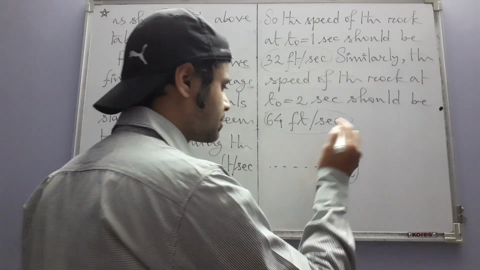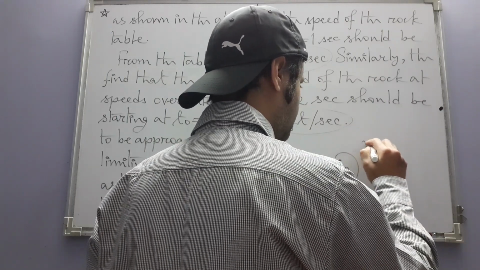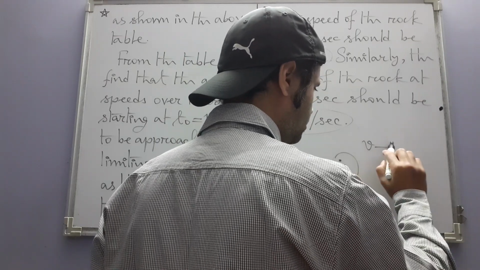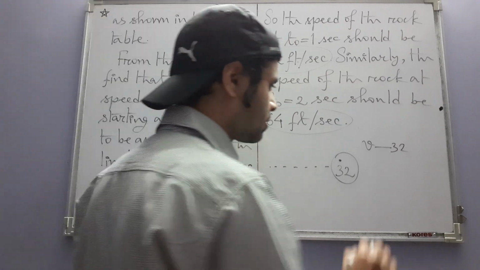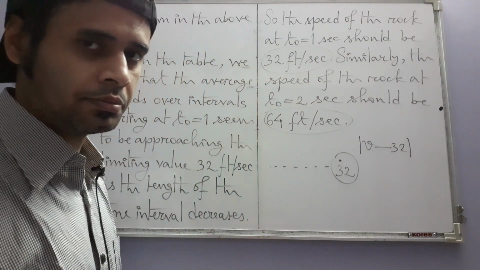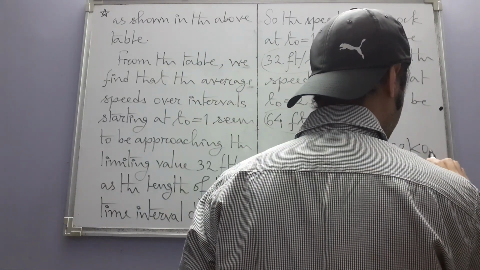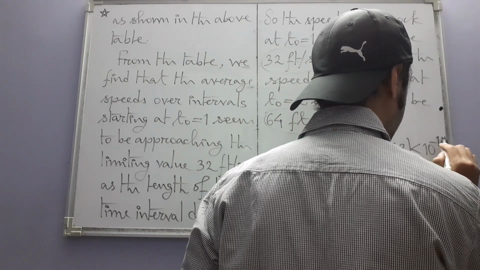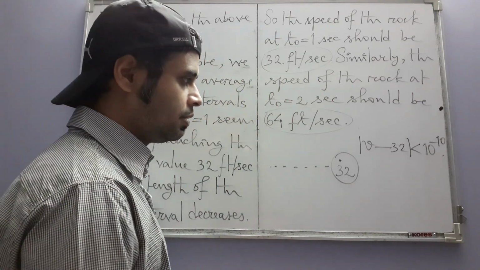And so we can make infinitely many choices. Someone says, I want the average speed to be such that the difference between the average speed and 32 is a very small number. How small? Say it is less than 10 to the power minus 10, which is an extremely small number. Is that possible?